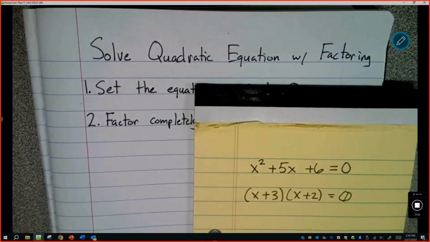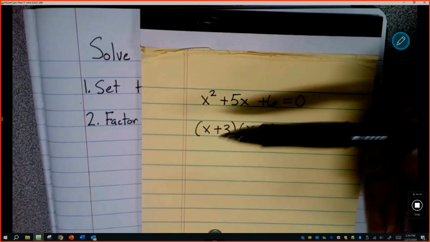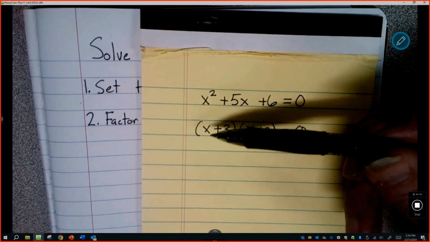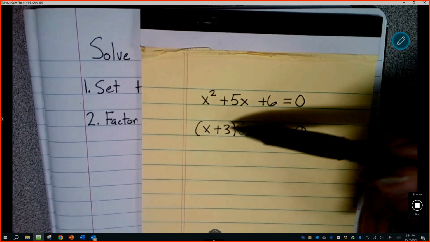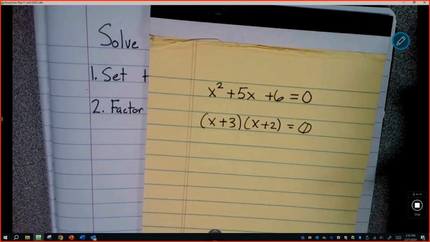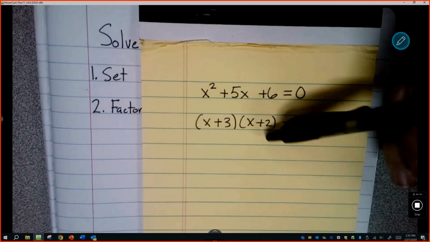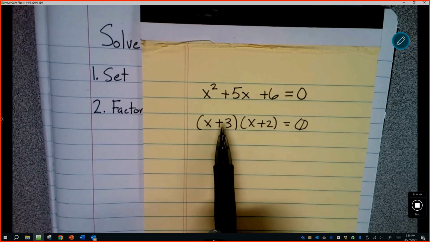Once you've factored it completely, what we're trying to do is see what x values I can plug in so that this side of the equation is equal to 0. And factoring helps us with that because when you break down this expression into factors, now we have two things multiplying with each other.